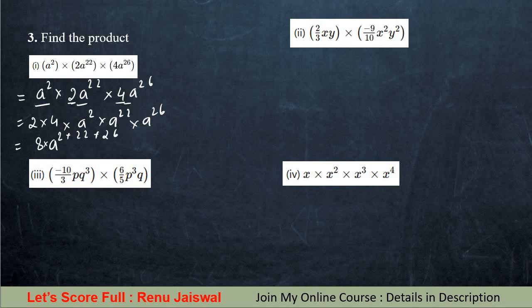Base same. In multiplication, add all the powers. So this will give me 8, a raised to 6 plus 2, 8 plus 2, 10, carry on 1, and this will give me 5. Correct? So the power is 50. 8a raised to 50.